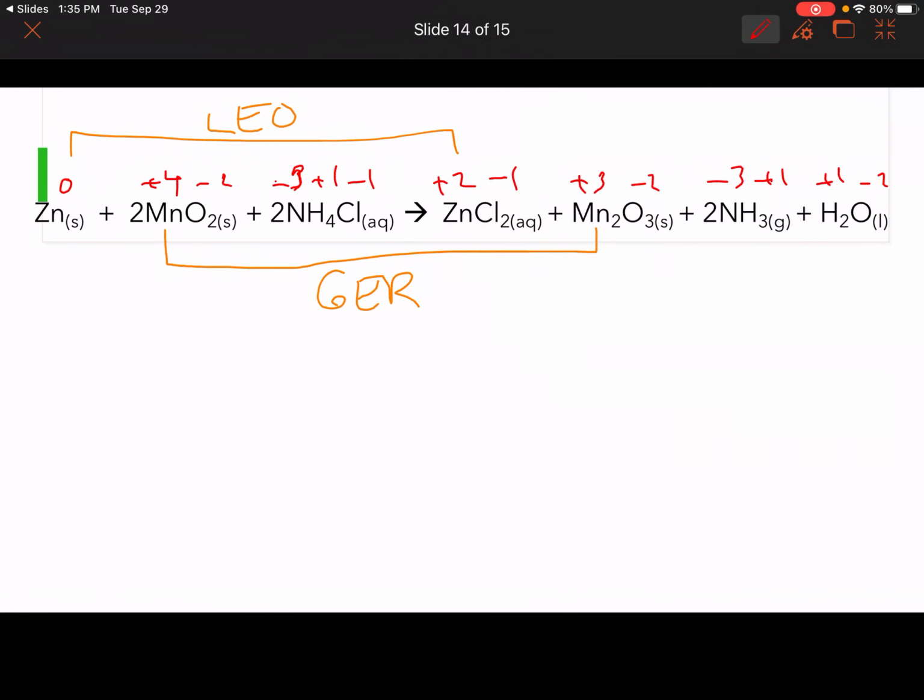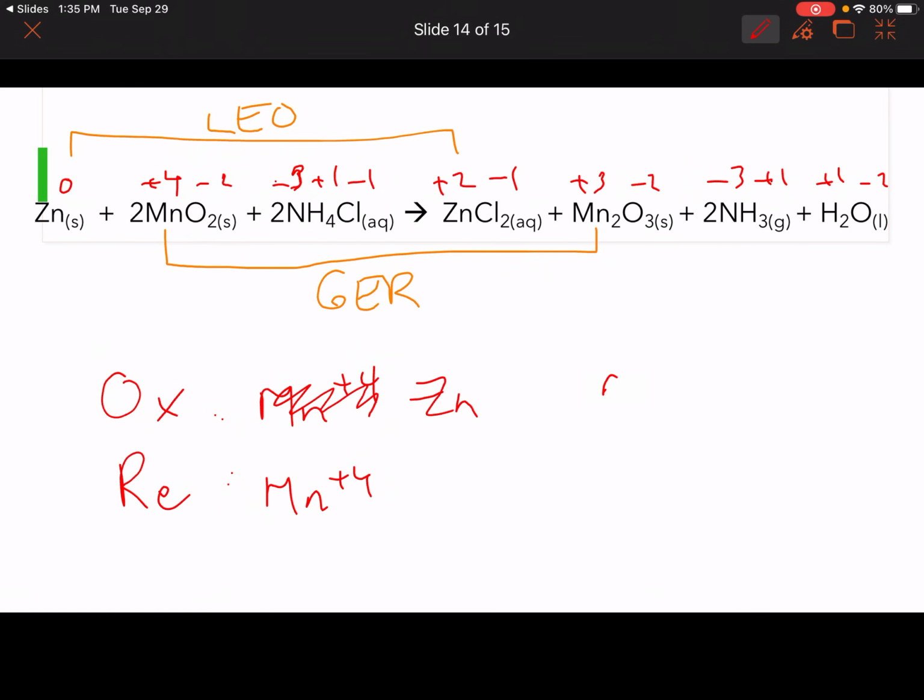Okay, so now we can say, okay, what was reduced? What was oxidized? So the thing that was reduced is going to be your manganese, and your manganese is going to be +4. And what was reduced, oh no, sorry, I did that backwards, my apologies. Zinc was oxidized. And then what was reduced was the manganese.